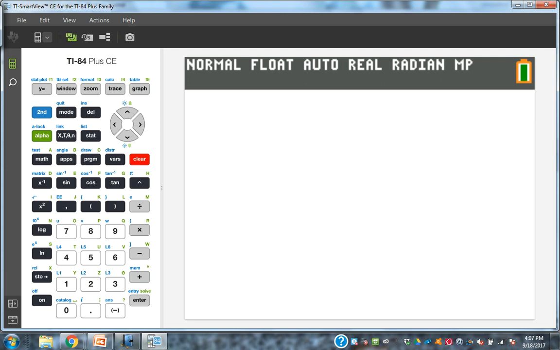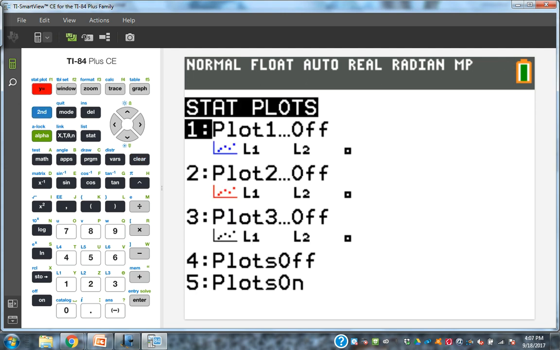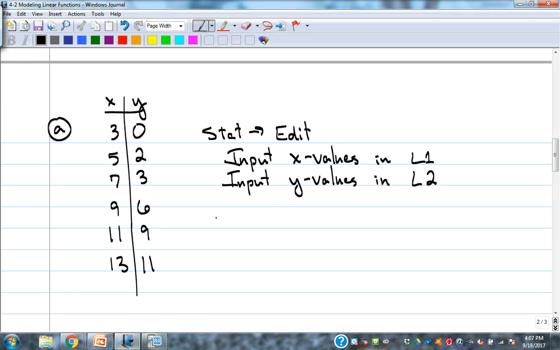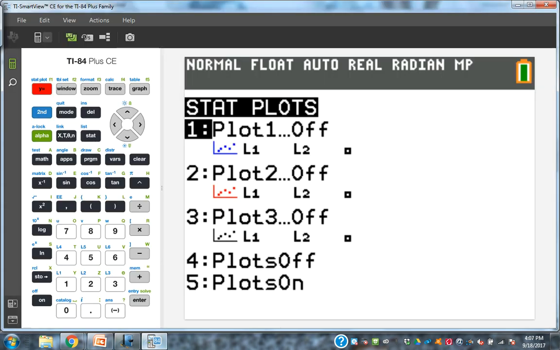And then we're going to hit second, Y equals. Second, Y equals. And that gets you to the stat plot menu. And we just need to turn one of these stat plots on. If you have more than one of them on, you need to turn the other ones off. I'm going to use stat plot 1.